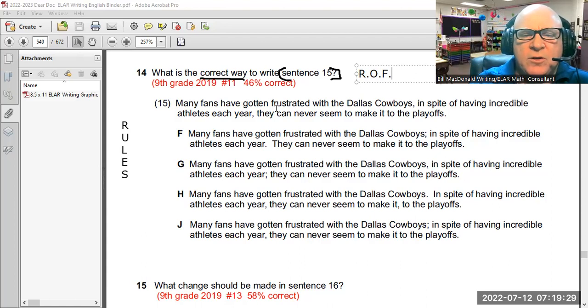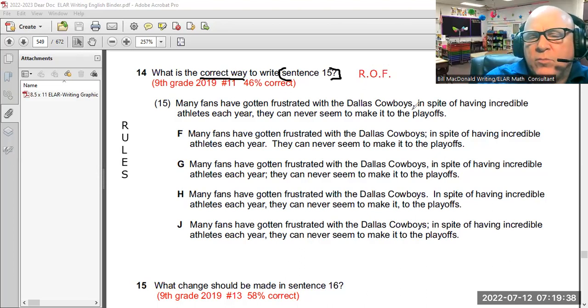First, we'll circle all of the stop signs in the problem, all of the ending punctuation, which we call in our FAT guide the floor. Letter F has 2 periods, two stop signs.